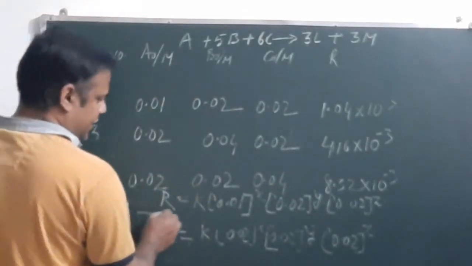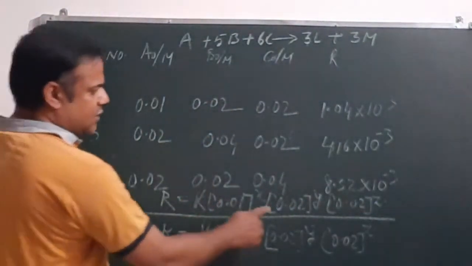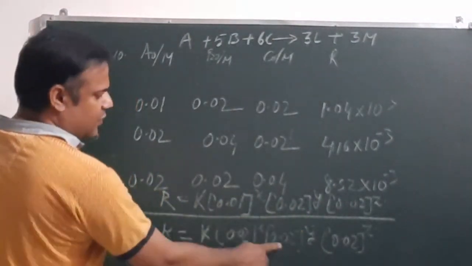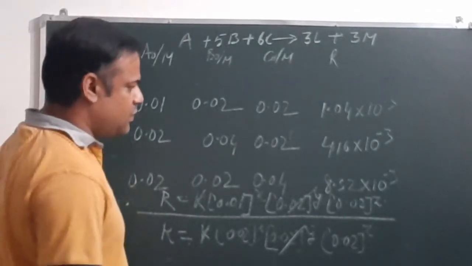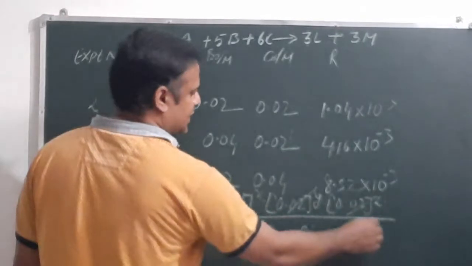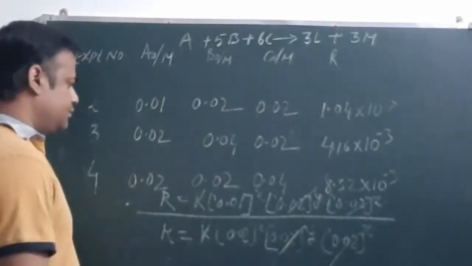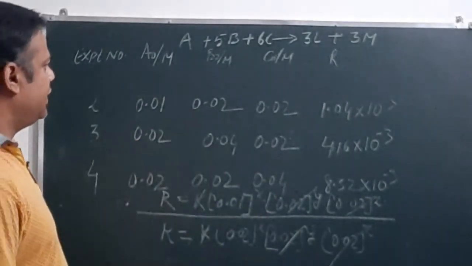We are going to divide this. So K, the rate constant, will cancel out, 0.02 to the power Y, here also 0.02 to the power Y, so this will also cancel out, 0.02 to the power Z, 0.02 to the power Z, this one also cancels out. Now the rate values we will write here.